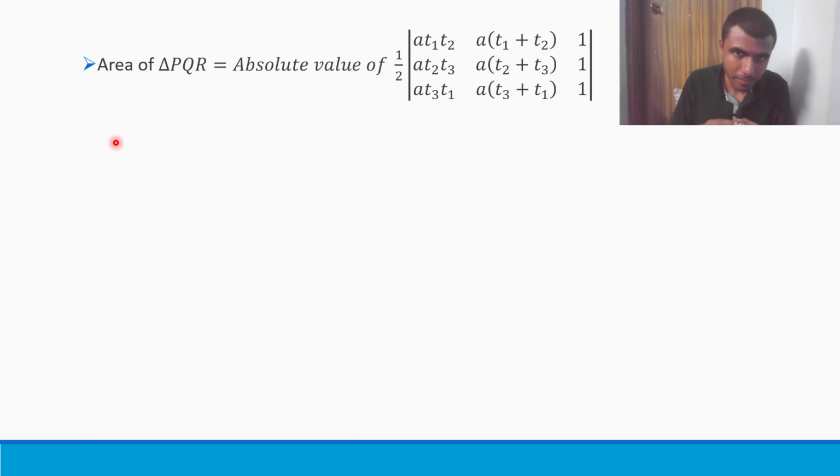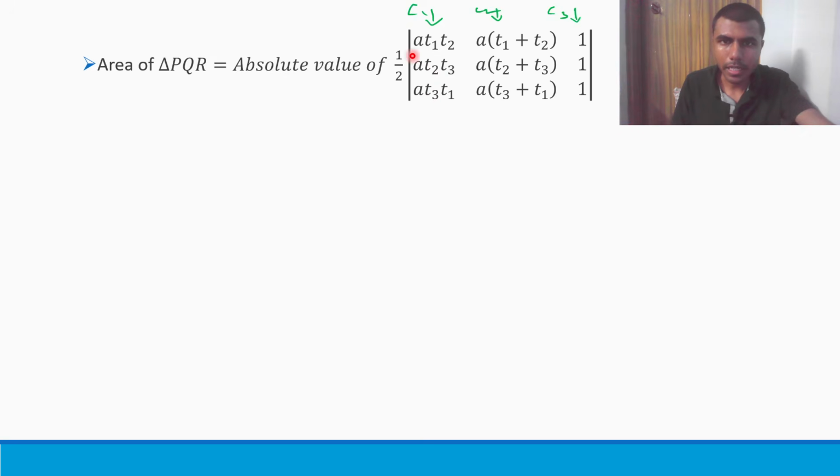Okay, fine. Now let's get started. Now if you see, this is my first column, this is my second column, this is my third column. In the first column, take a common, one of the properties of determinants. Likewise in column 2 also, I can take a common.